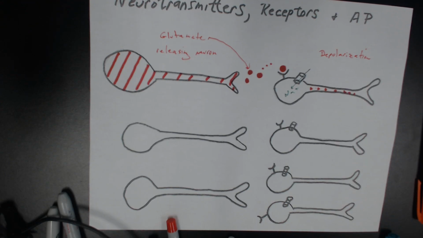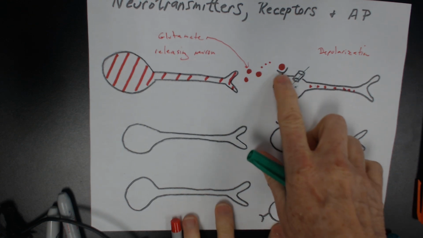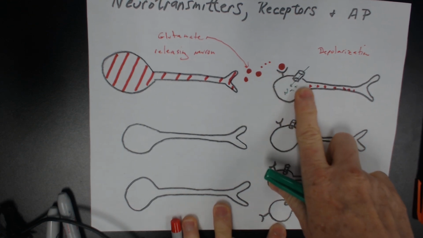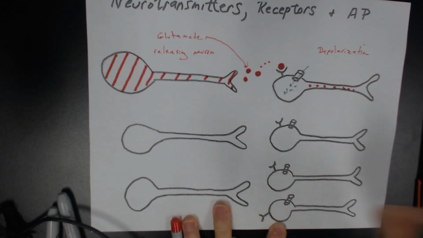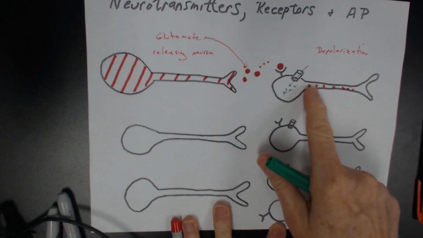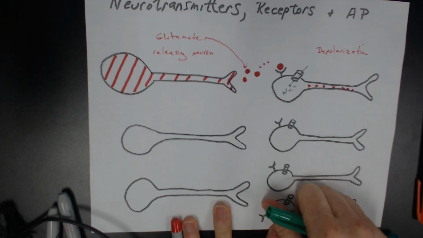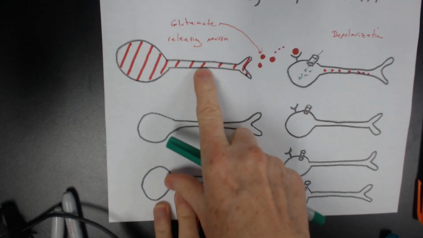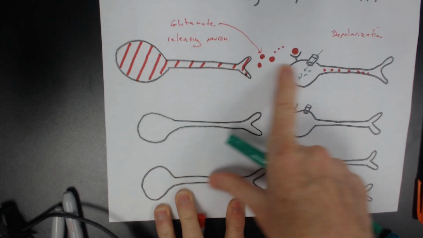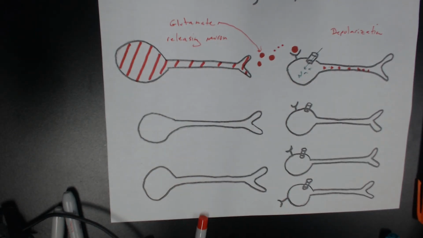So as the glutamate binds the receptor, it causes opening of sodium channels, causes sodium to come into the cell, and that cell becomes more positive, resulting in a depolarization because it crosses threshold. Remember the action potential stuff we talked about previously? All right. So red, glutamate releasing, depolarization happens to the next neuron in sequence.